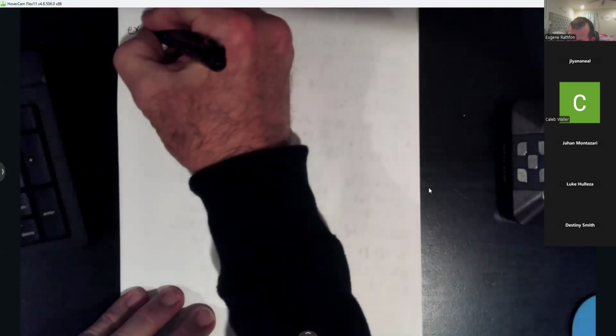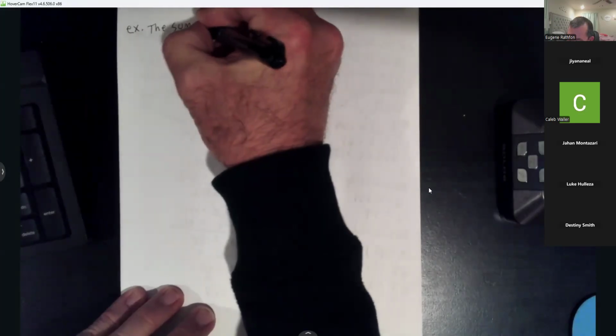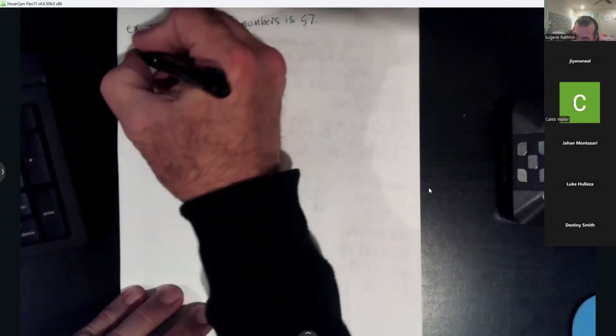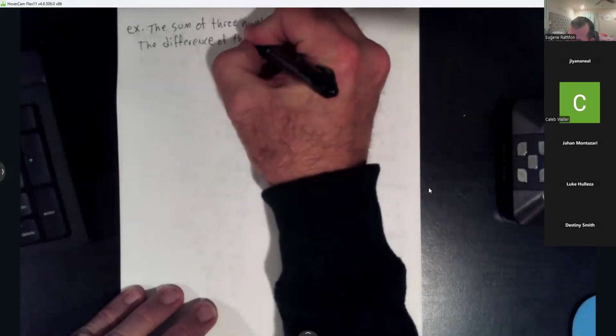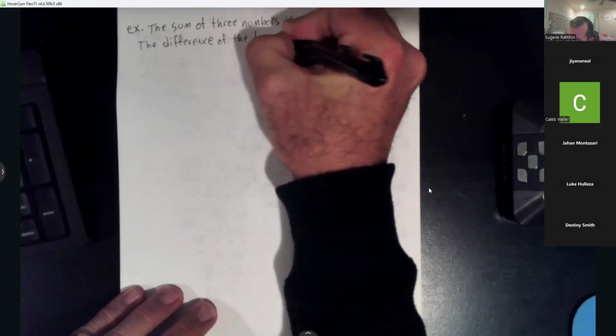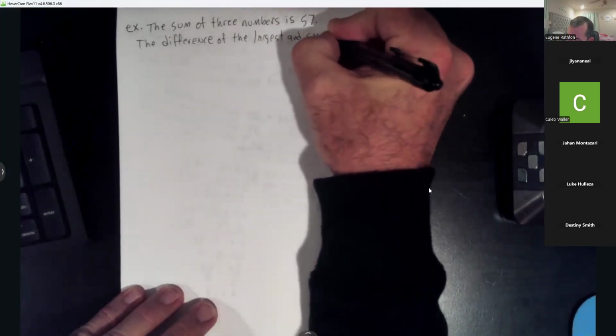All right, y'all, this one says the sum of 3 numbers is 57. Then it says the difference of the largest and smallest is 52.